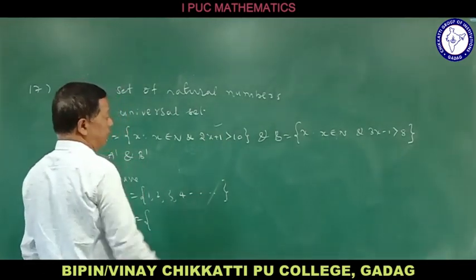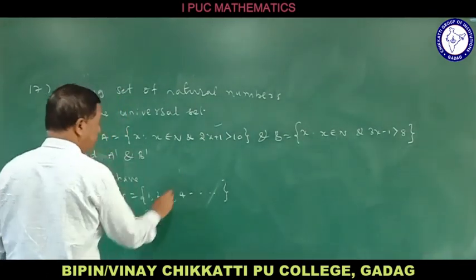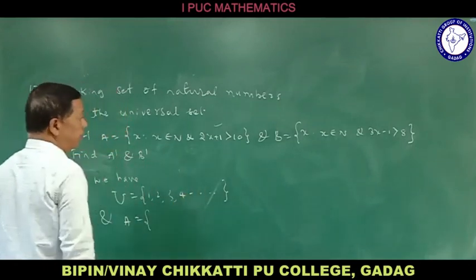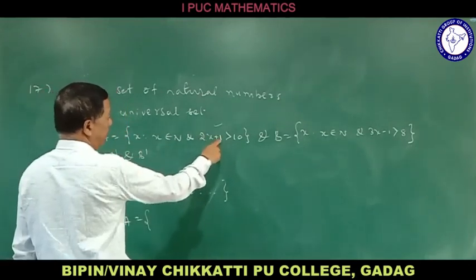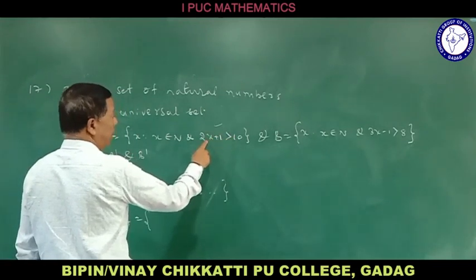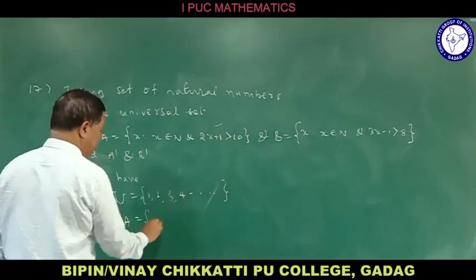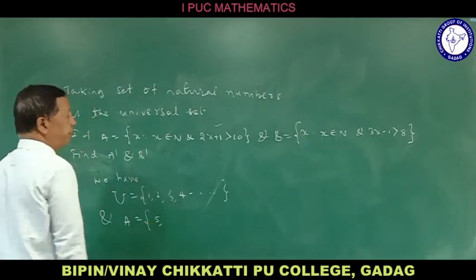You have to see that the number next greater than 10 should be 5. Why? 5 twos are 10, 10 plus 1 is 11, which is greater than 10. Suppose you take 4, it gives 9, and it should not be greater, so the first number is 5.